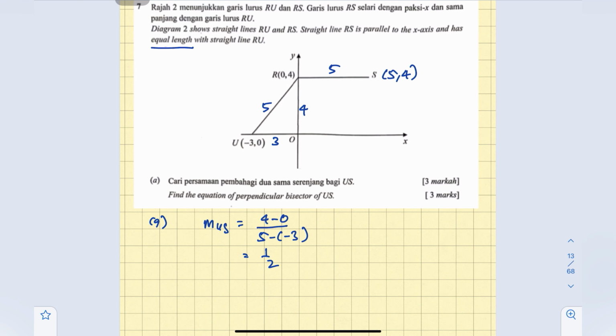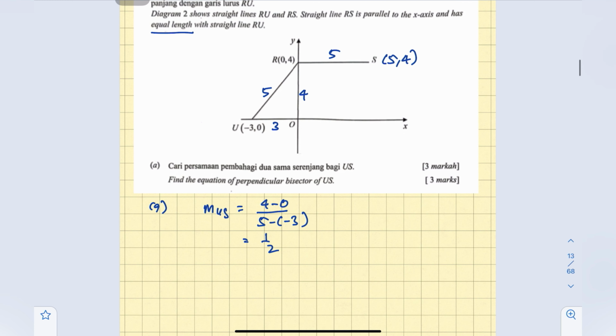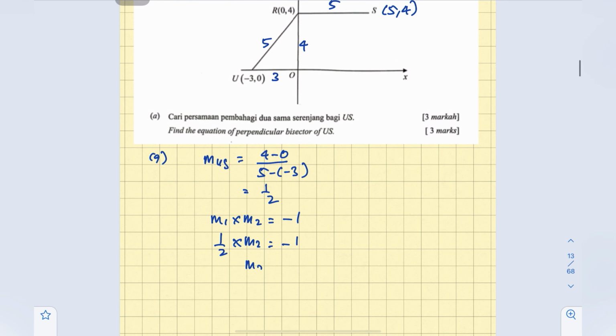Okay, so to find the perpendicular bisector, the gradient is perpendicular. So M1 times M2 equals negative 1. So M1 is 1 over 2. So we get M2 equals negative 2.